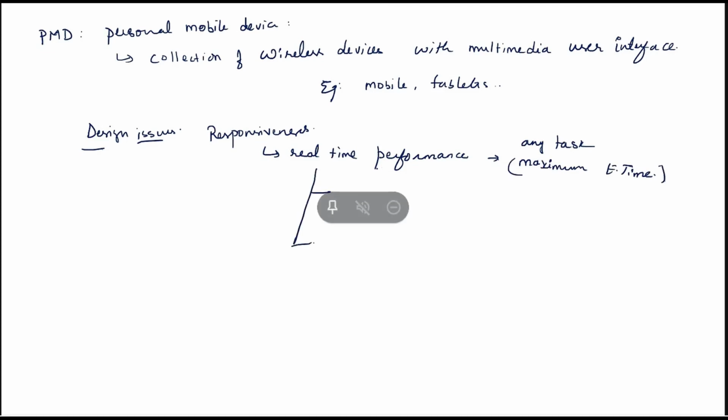When you talk about real-time systems, normally we can classify them into 2 types: hard real-time systems and soft real-time systems. What makes the difference? In hard real-time systems, whatever task we are running has to be executed within the deadline.